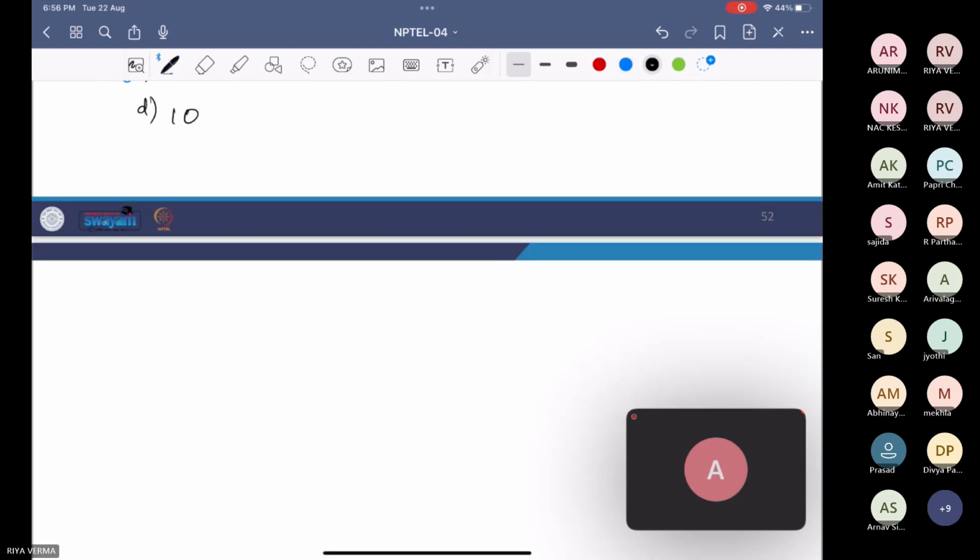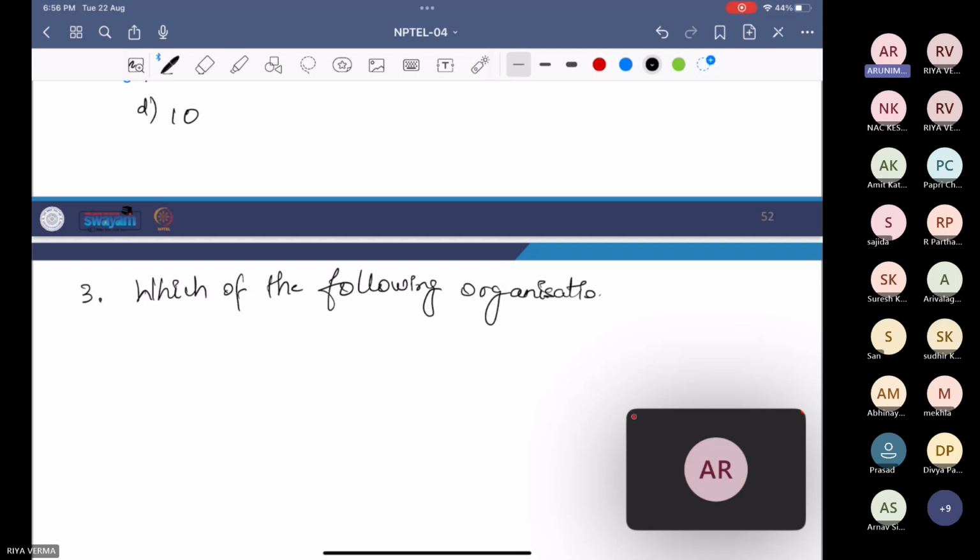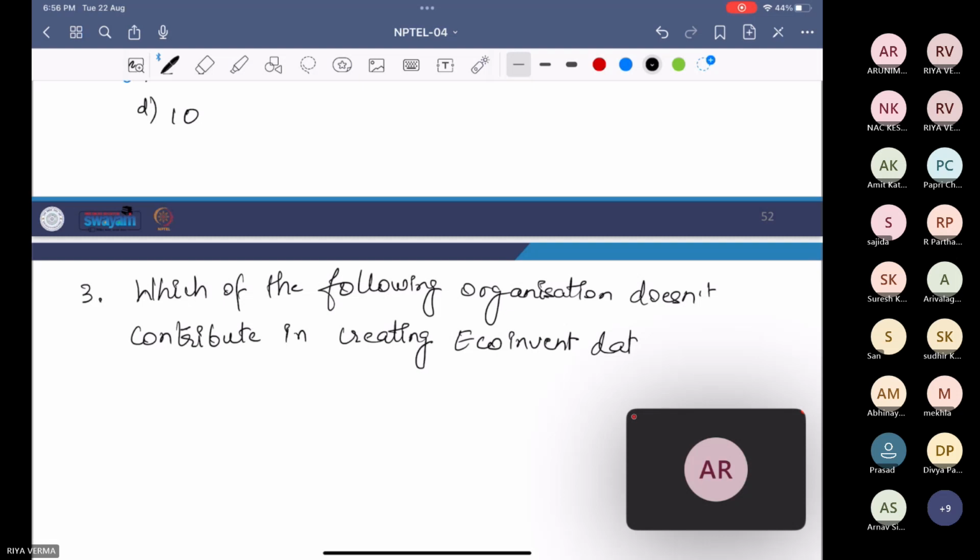Now, for the third question, which of the following organizations doesn't contribute in creating the ecoinvent database?